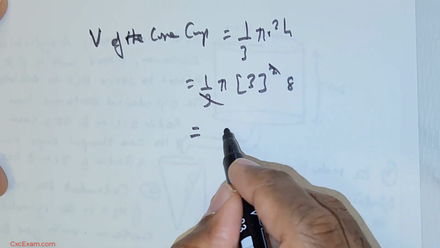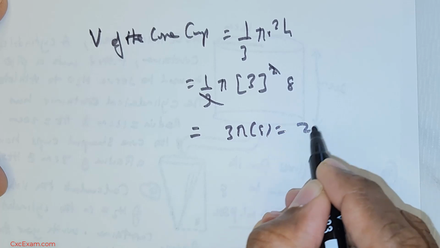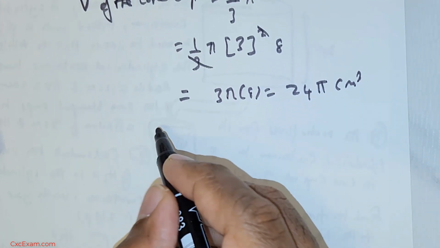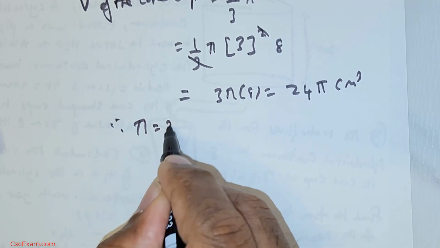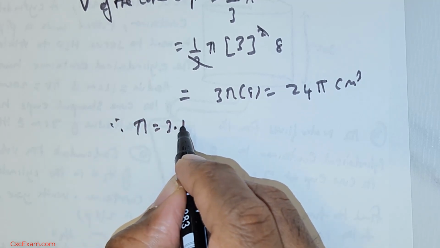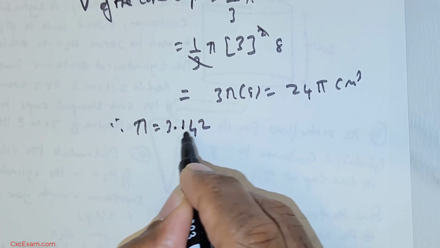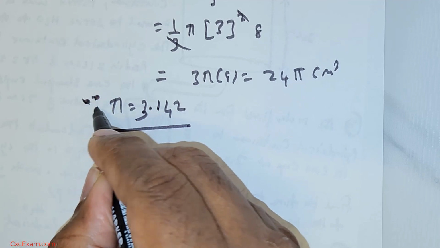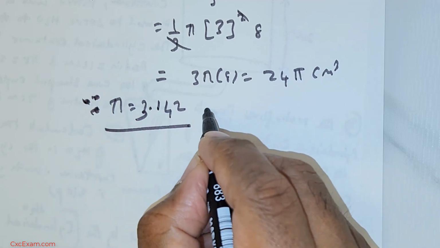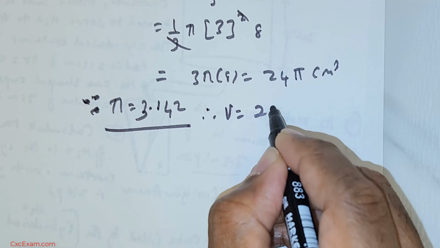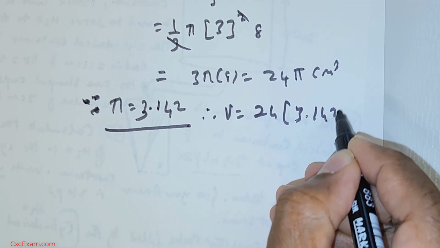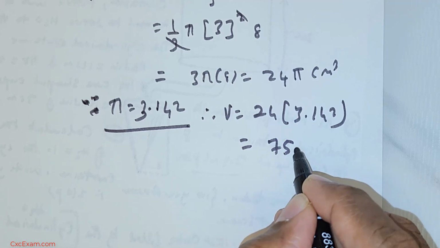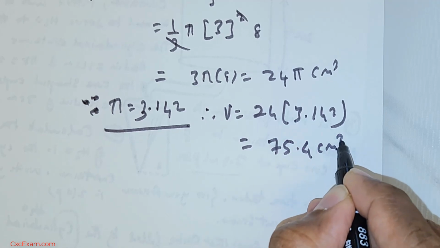So a 3 and a 3 gets cancelled. You have 3 pi times 8, which is nothing but 24 pi. This is cm cubed. Now you take pi is 3.142, right? This is the value we are taking. It's given. So since pi is 3.142, therefore volume is 24 times 3.142. So that is going to give you a volume of 75.4 cm cubed.